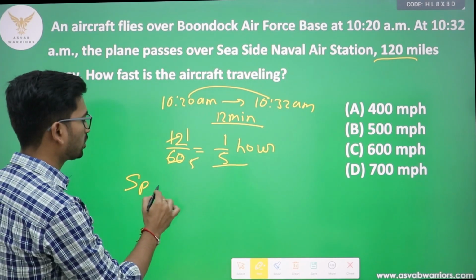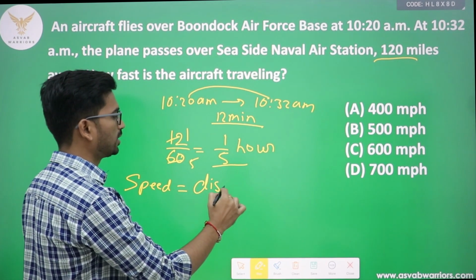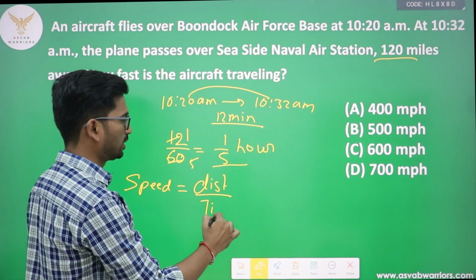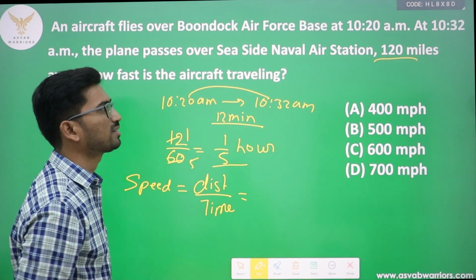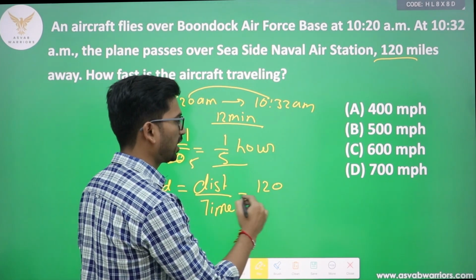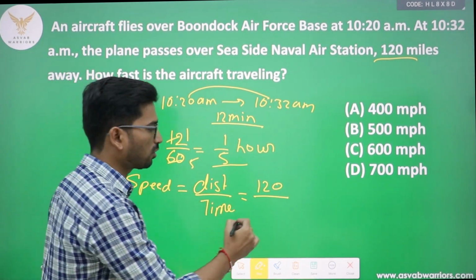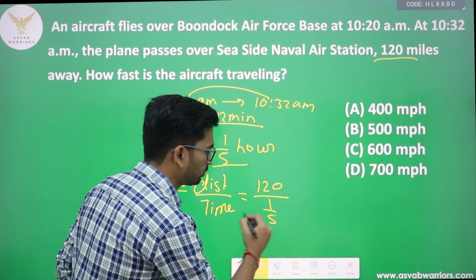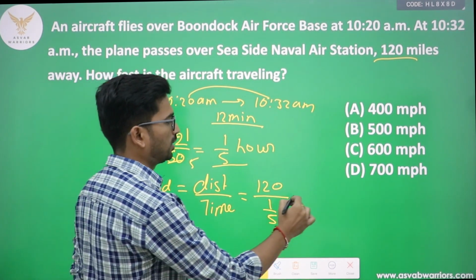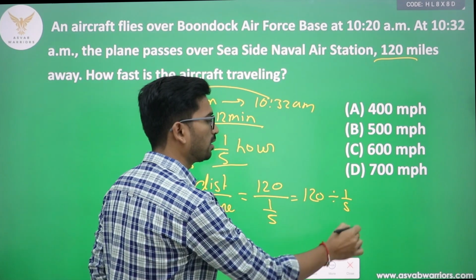We know the formula for the speed. The speed is distance upon time. What is the distance in this case? 120 miles. And what was the time taken to cover this distance? It was 1/5 of an hour. How to solve this? It is nothing but 120 divided by 1 by 5.